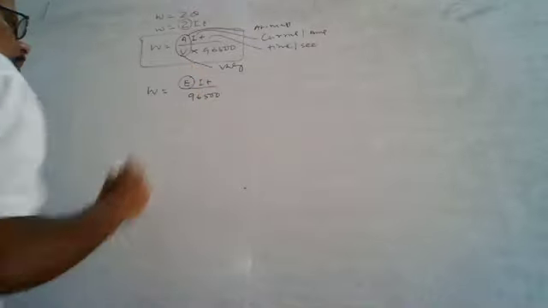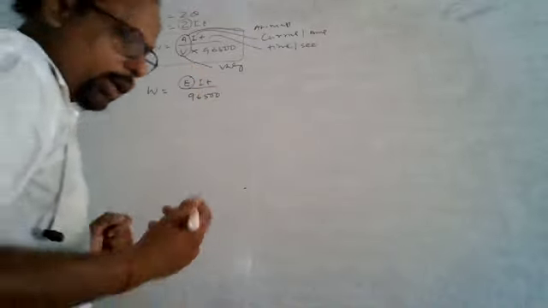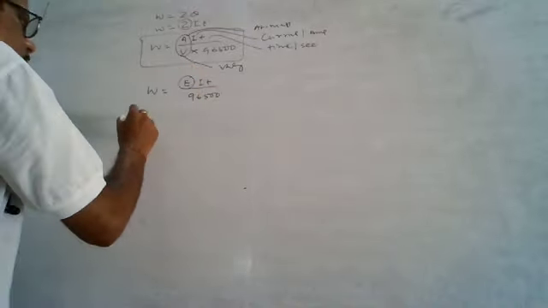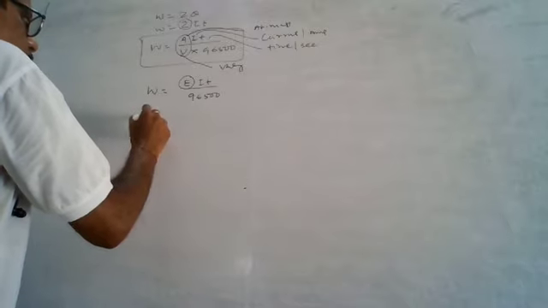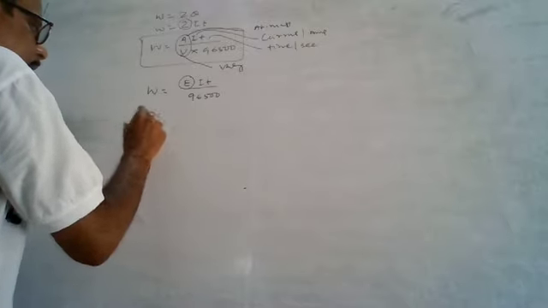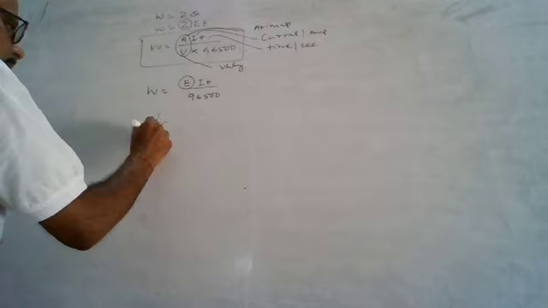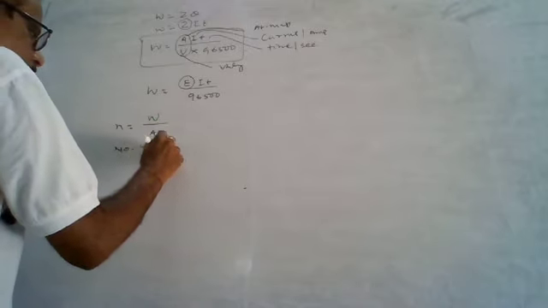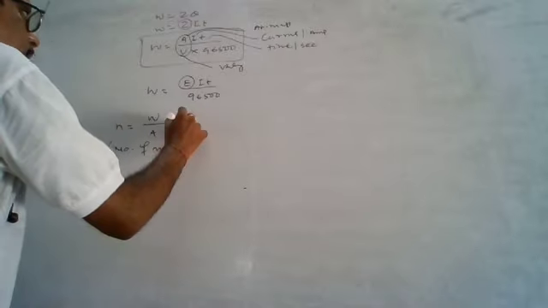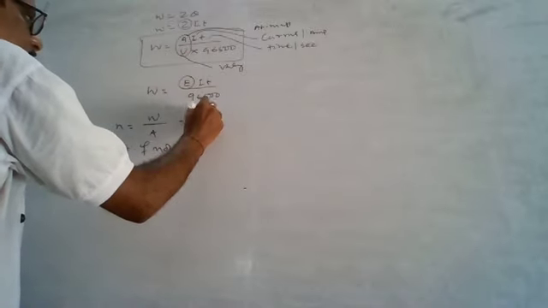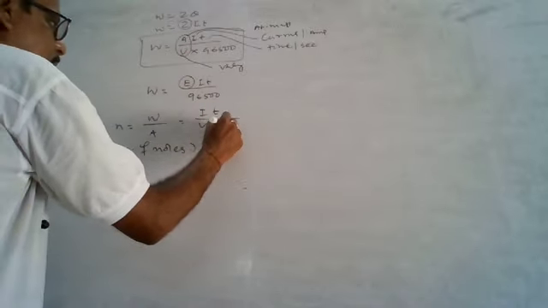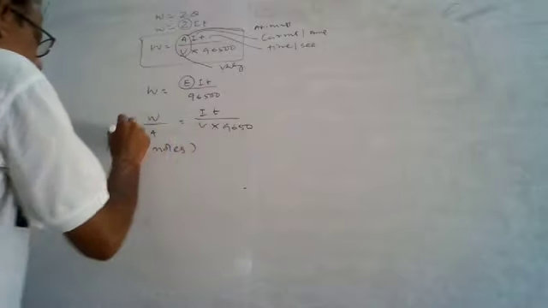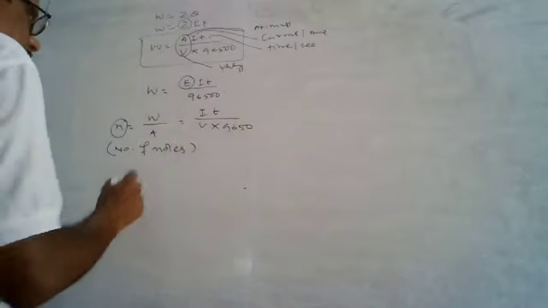Sometimes you calculate the number of moles, which is W by A. The number of moles of the substance deposited is equal to IT by V into 96500.